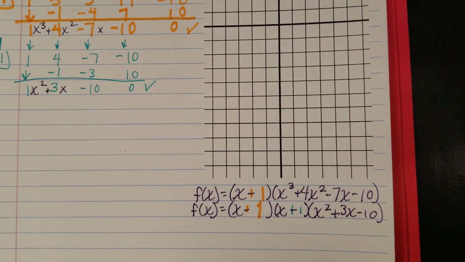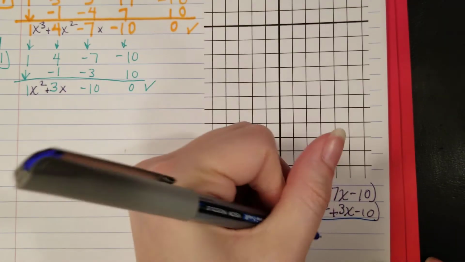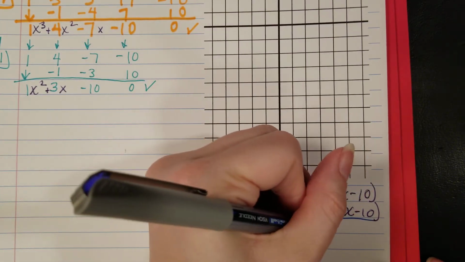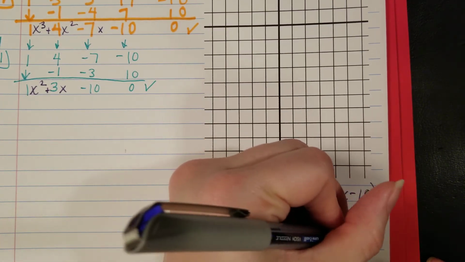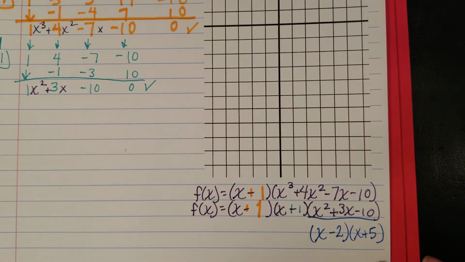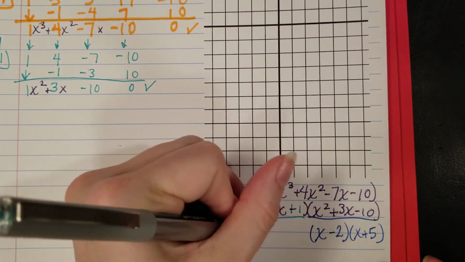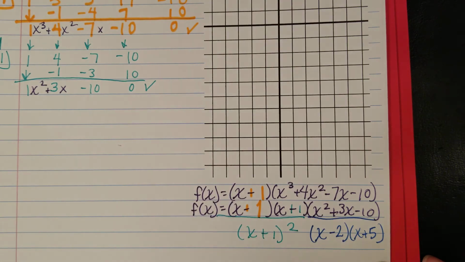All right, so that part should be pretty easy to factor. It's going to be x minus 2 times x plus 5. And so this here, we can write that as x plus 1 squared.